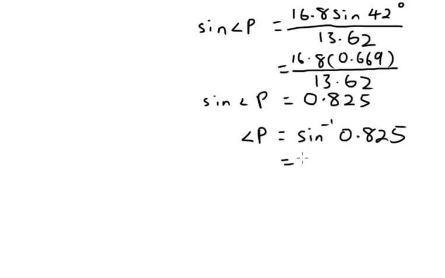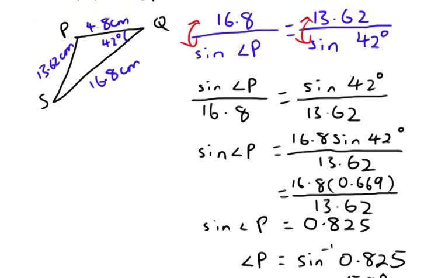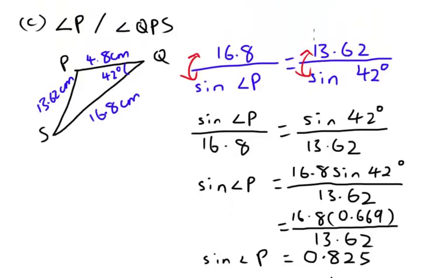Sine inverse 0.825. And your calculator will give you the angle as 55.59 degrees.